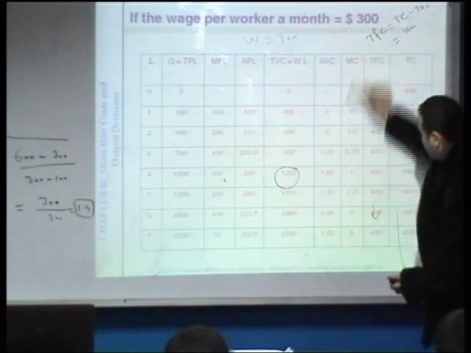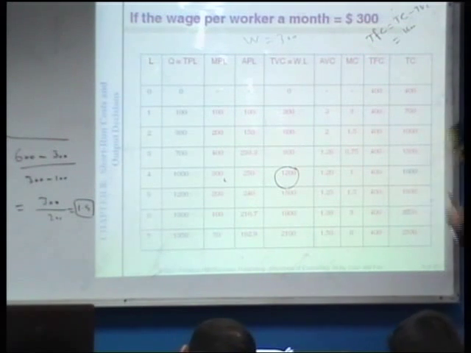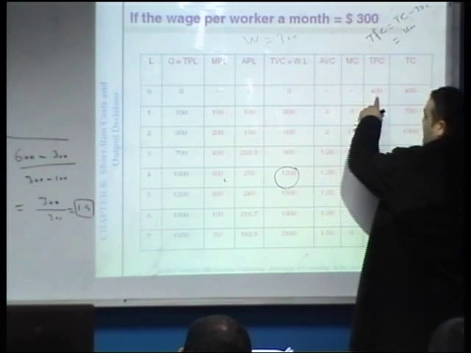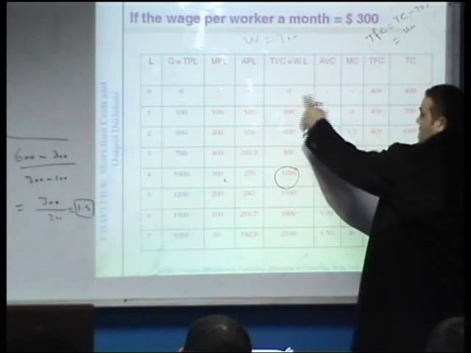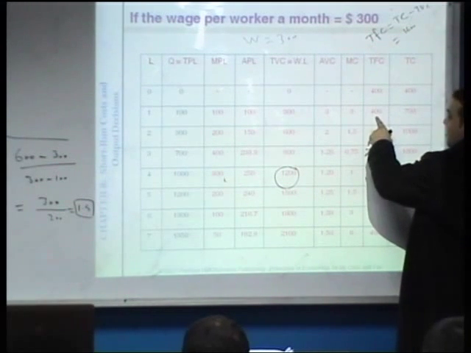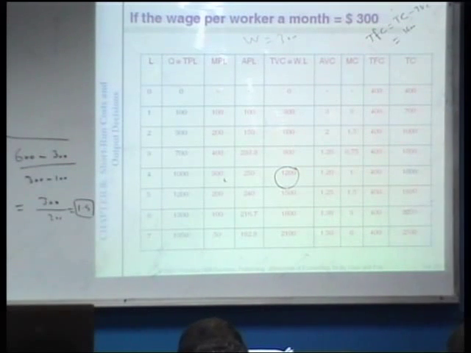The total cost equals the total fixed cost plus the total variable cost. In the first case, it equals 400, and then 400 plus 300 equals 700, and so on. Right?